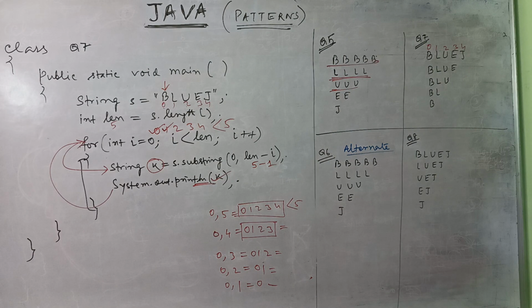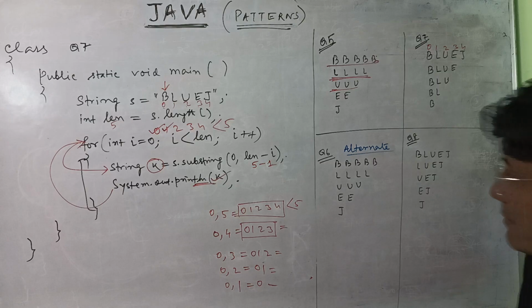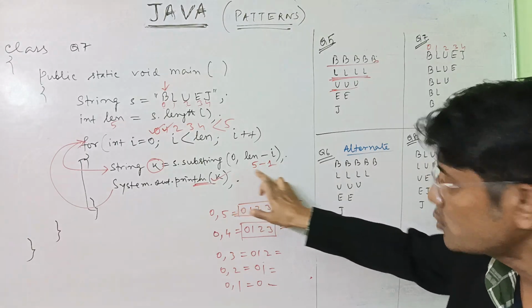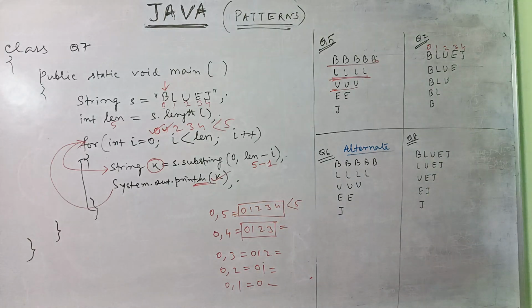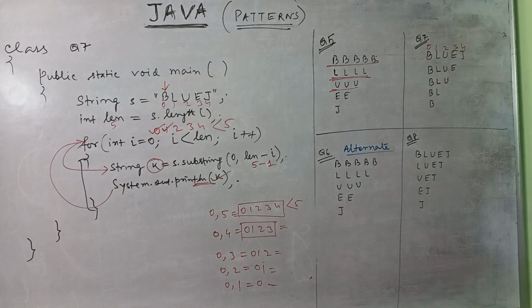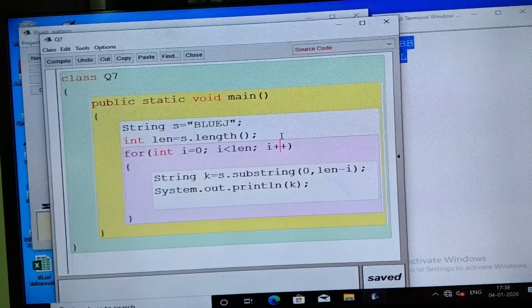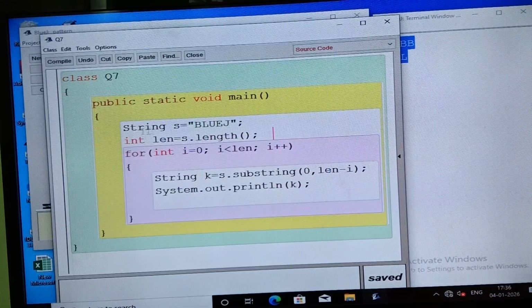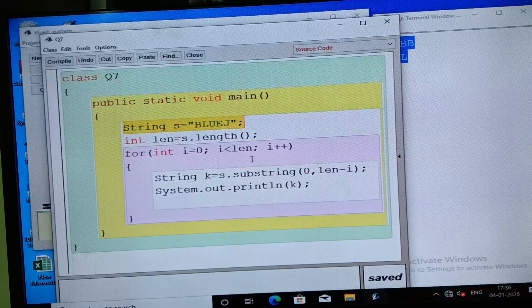This is the 7th pattern, and the last one we will do in a different way. Different way means only this place we have to change. Let me show you the 7th pattern. I have taken this using a single loop, whatever I have written on the board.